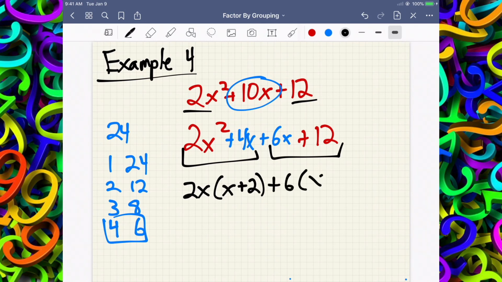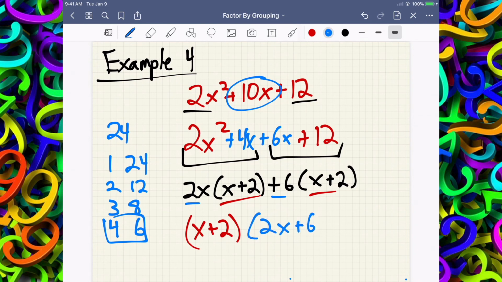We factor that out, and we get x plus 2. Again, the same number. So we'll factor that out as well. And then we're left with 2x plus 6 as our second factor. And we've factored another. Last example here.